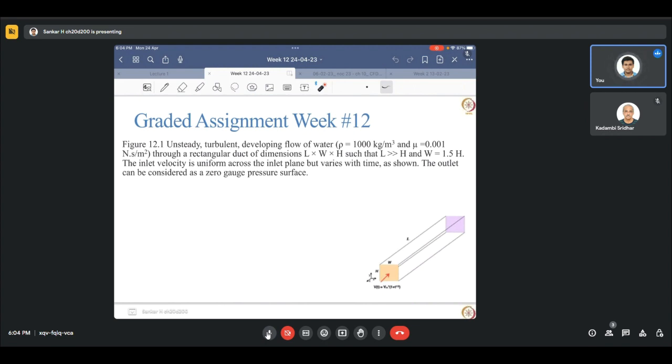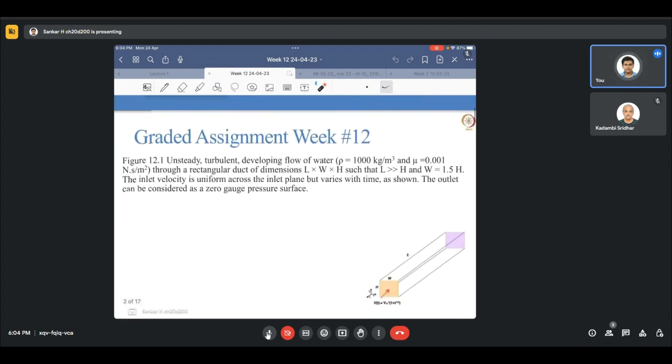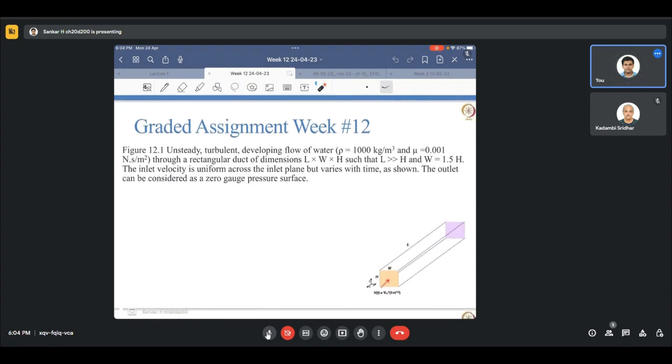And the first initial read up that was given is as follows. Unsteady turbulent developing flow of water with a density of 1000 and a viscosity of 0.001 in SI units through a rectangular duct of dimensions L, W, H such that L is very much greater than the length in either of these two directions, and the width is 1.5 times the height.